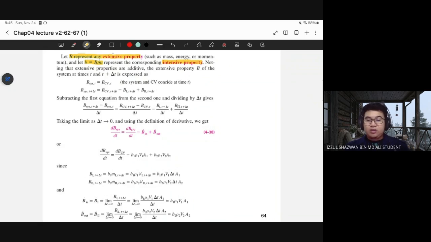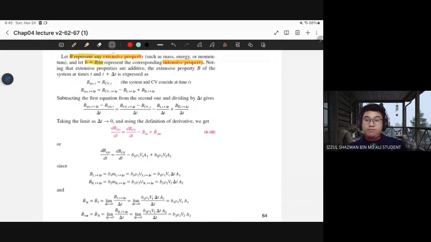The extensive property B of the system at time t is expressed as B system at t equal to B control volume at t. This is the system and control volume considered at time t.